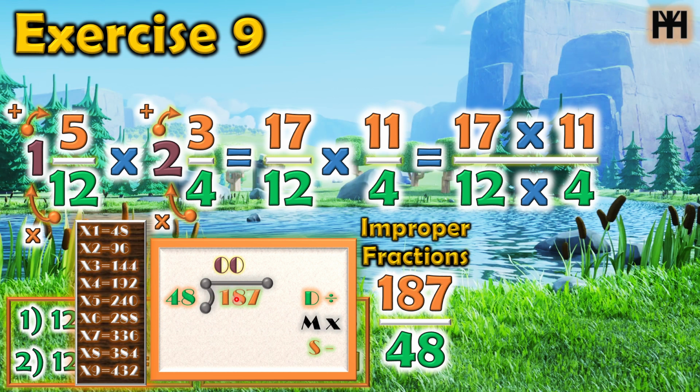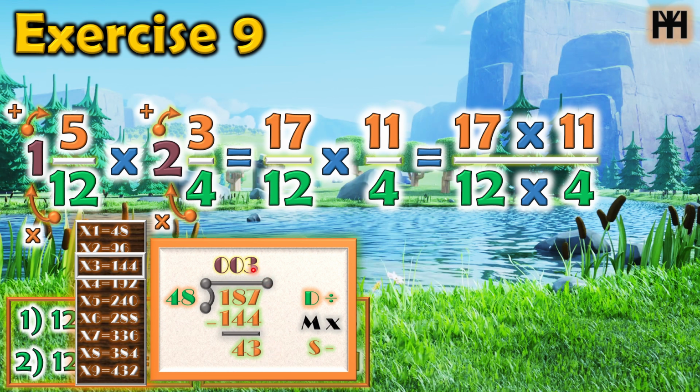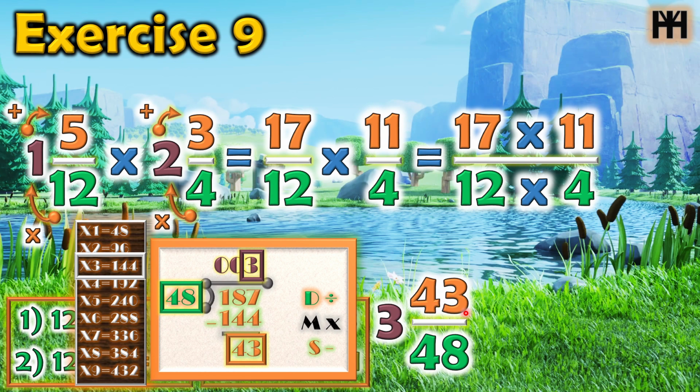So how many 48s in 187? So it's 3. So 48 times 3, it's 144. Then subtract them. 187 minus 144, so it's 43. Okay, so the 3 here will be our whole number, and the 48 will be our denominator, and the 43 will be our numerator.